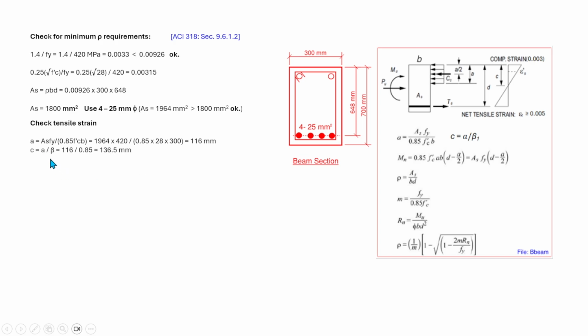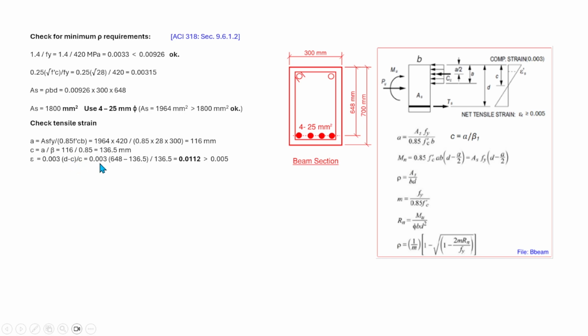So c, which is the location of our neutral axis, is equal to a over β1, which is 116 over 0.85, and that is equal to 136.5 mm. By ratio and proportion of this triangle here, this is the equation: 0.003 times d minus c all over c.